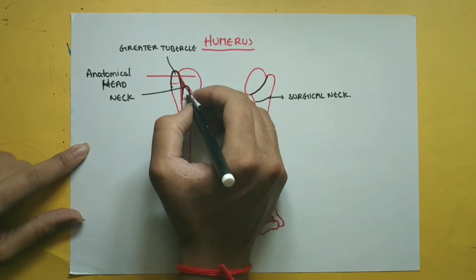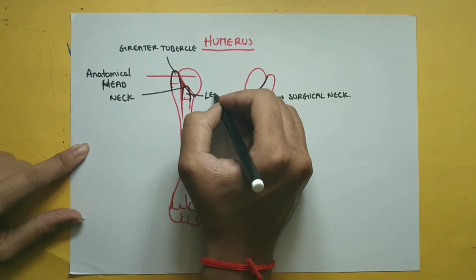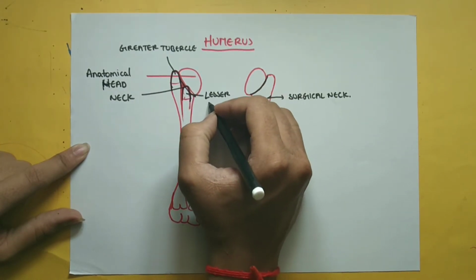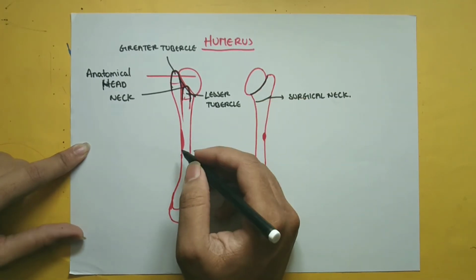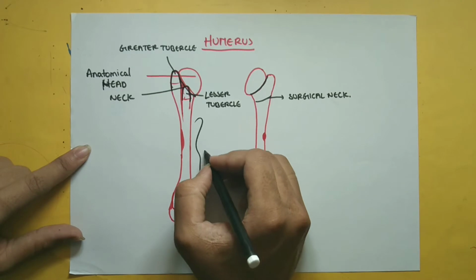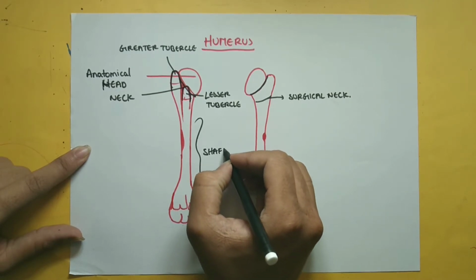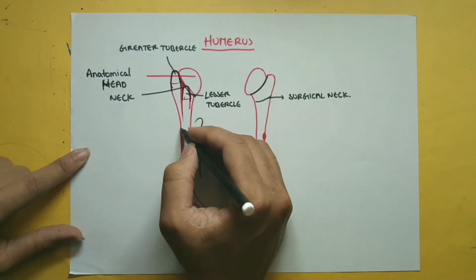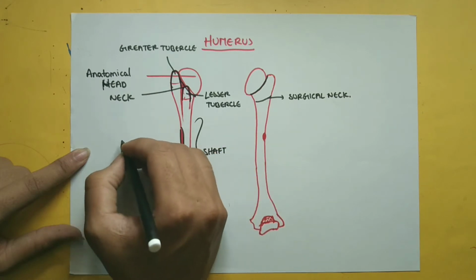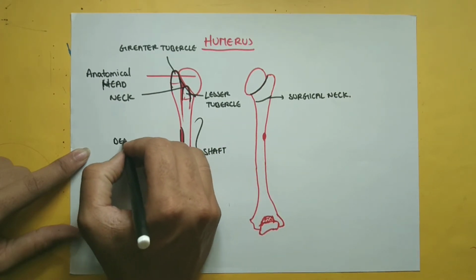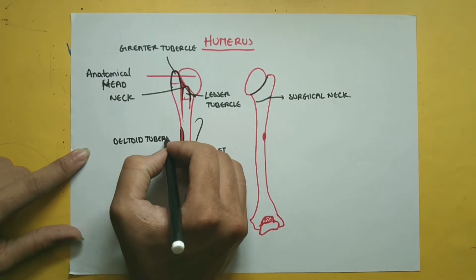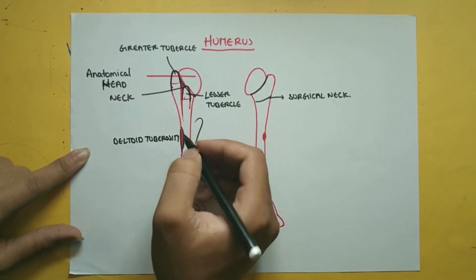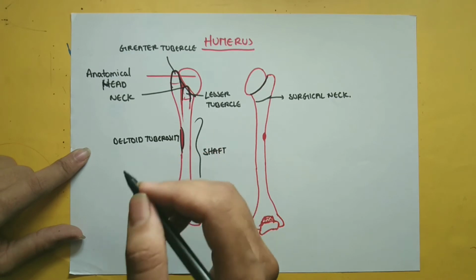This is the lesser tubercle. We also know this is the shaft. This is the deltoid tuberosity, for the attachment of deltoid muscle.